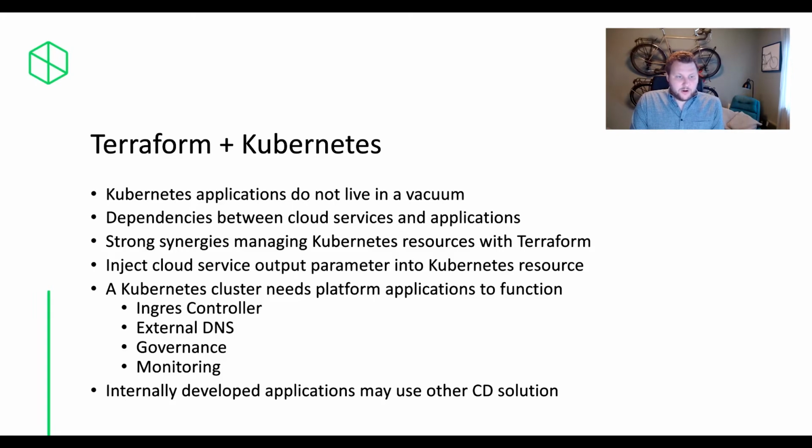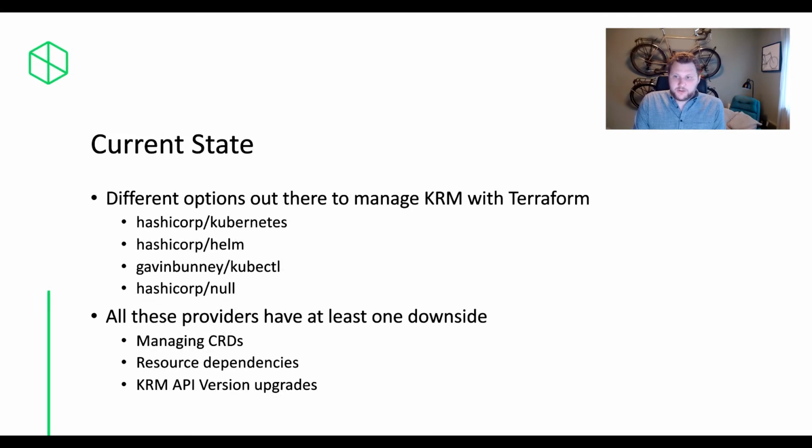So there are a bunch of different options out there today when it comes to managing Kubernetes resources with Terraform. There are a couple of providers that I use on a daily basis. There are probably a lot more out there than I know of myself.